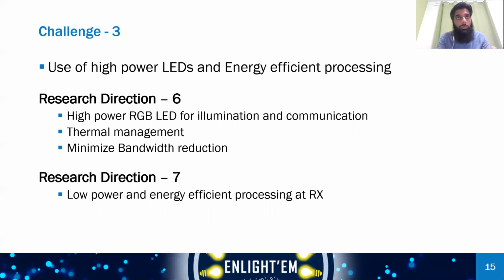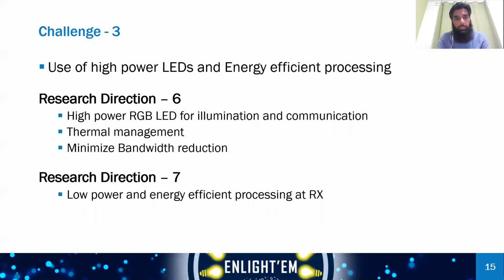But if we want to use it in an indoor environment, in a room, we need large LEDs which can illuminate as well as communicate. But with large LEDs, there is a problem of thermal management which needs to be solved, and also the capacitance increases, which reduces the bandwidth. So these problems need to be solved to use high power LEDs, which can give us better communication range and better illumination.